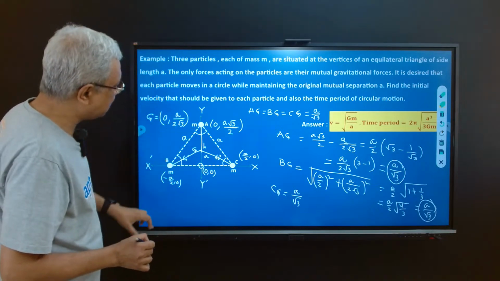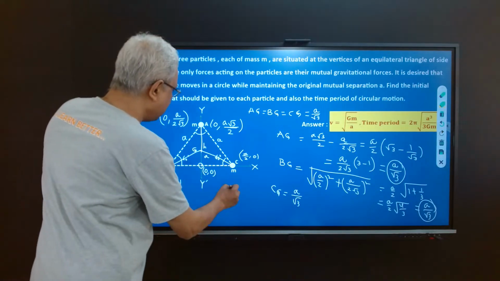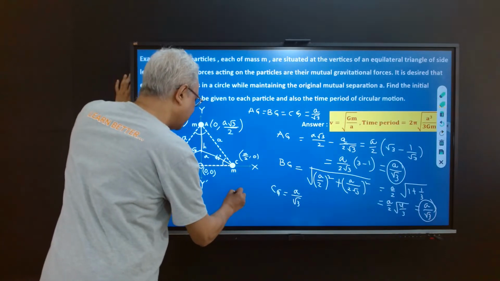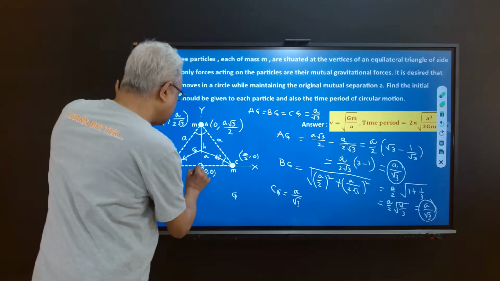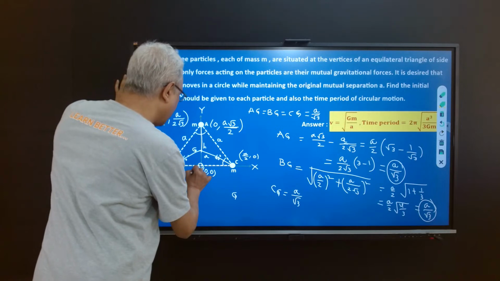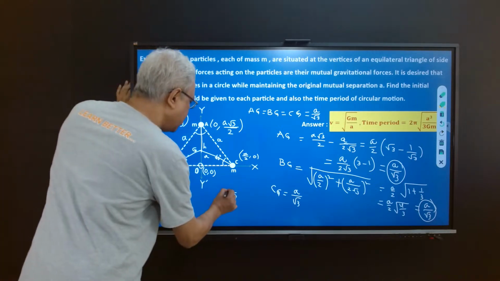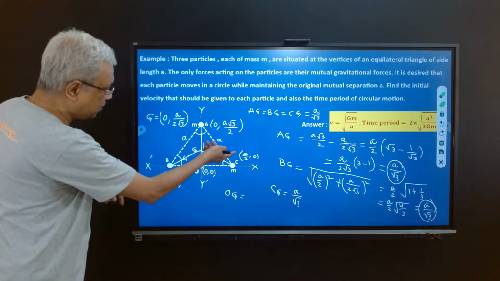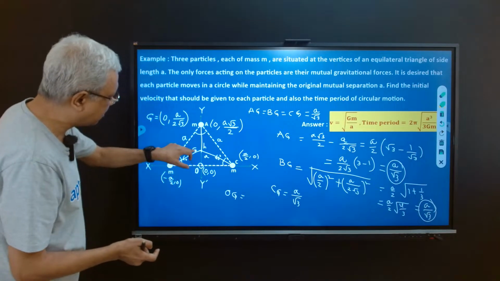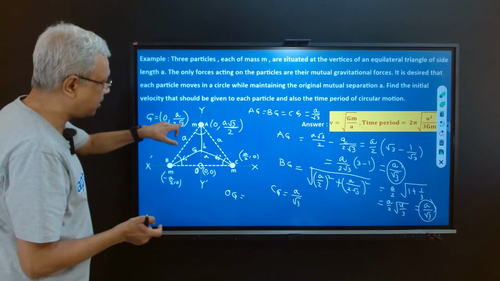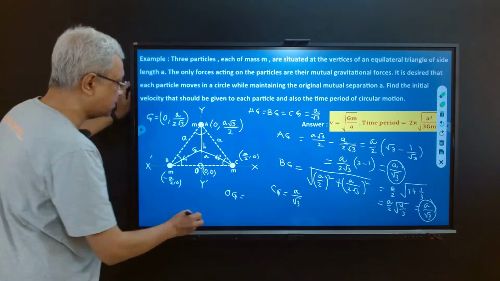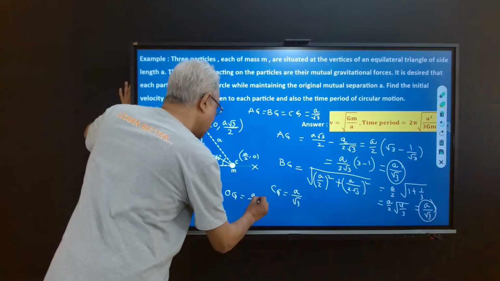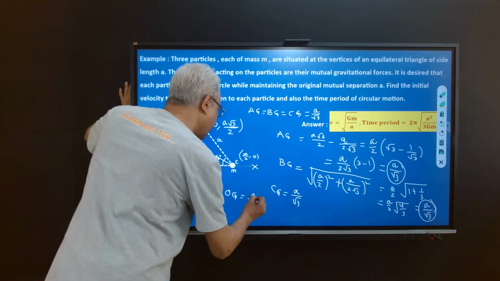That means, if we call this point O, this is the origin. So OG is how much? Because G's coordinate with respect to this coordinate system, O is the origin, G's coordinate is 0, a by 2 root 3. So OG is a by 2 root 3.